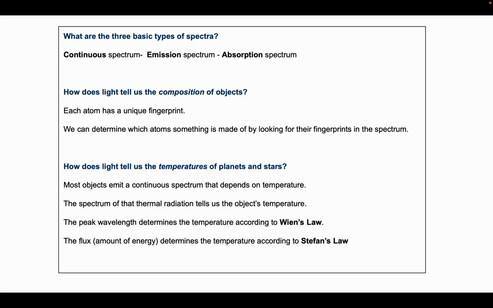Light also tells us the temperature of planets and stars. Most objects emit a continuous spectrum that depends on the temperature. The spectrum of the thermal radiation tells us about the object's temperature. The peak wavelength determines the temperature according to Wien's law, and the flux determines the temperature according to Stefan's law.